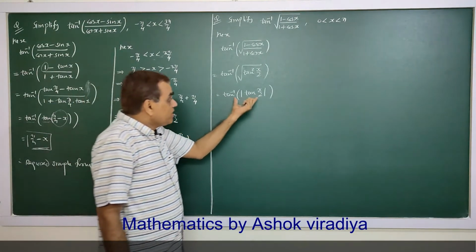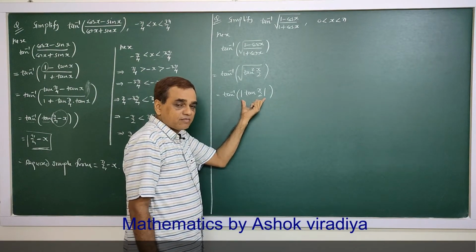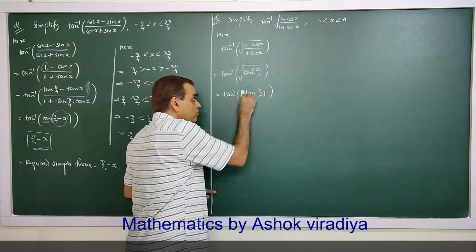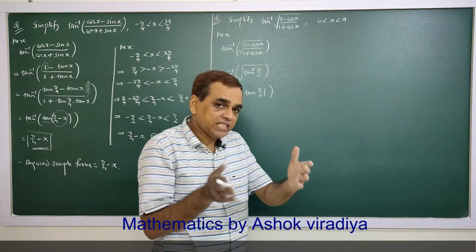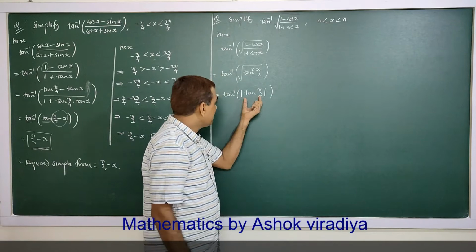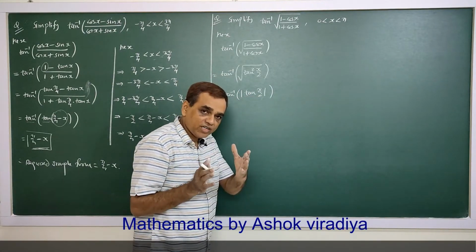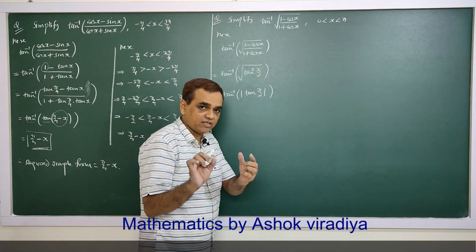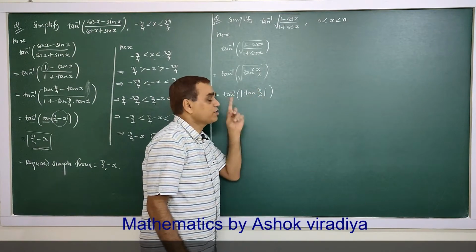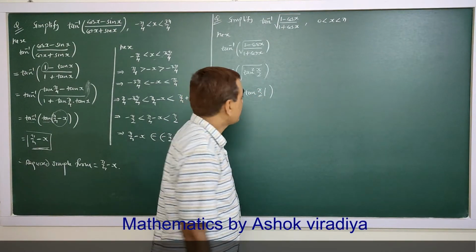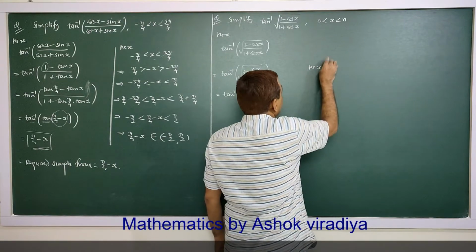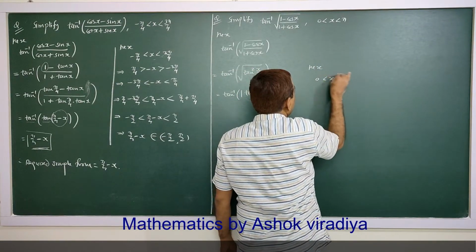Now we want to remove this modulus. If this number is positive, then mod t is t. If the number is negative, mod t is minus t. So let us check the sign of tan x by 2. Here x is in 0 to pi.